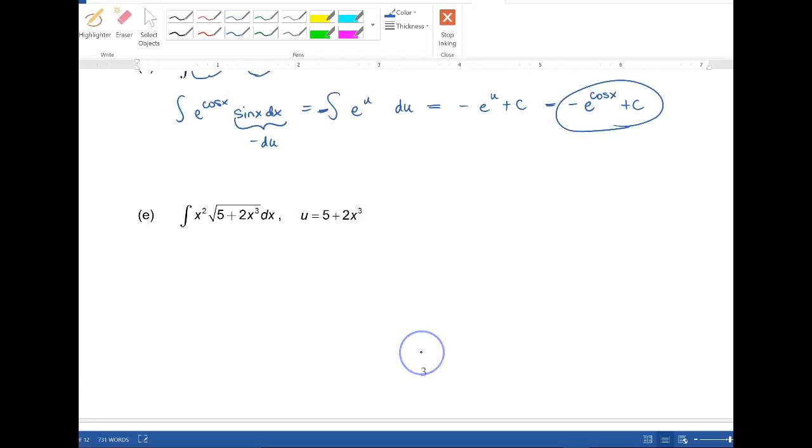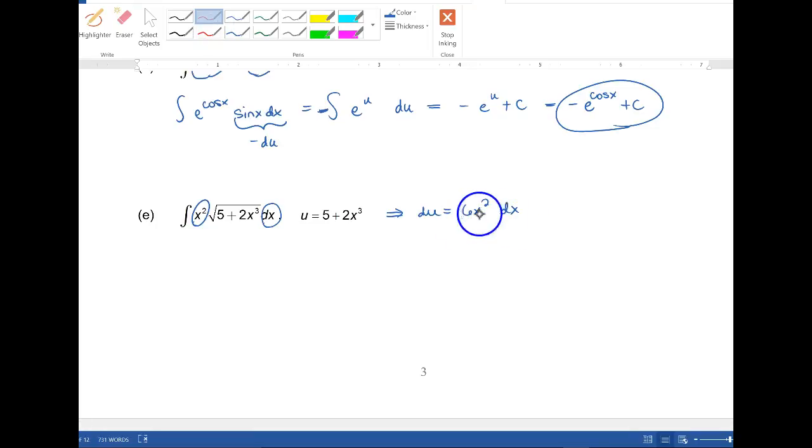All right, e. Now I have u is 5 plus 2x cubed. So du is 6x squared dx. Now I look back at my original problem. I have an x squared and I have a dx. But over here I have a 6x squared dx. So I see I have an x squared dx, but I don't have a 6.